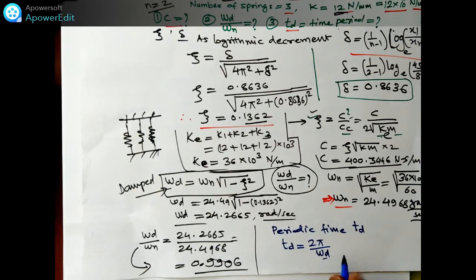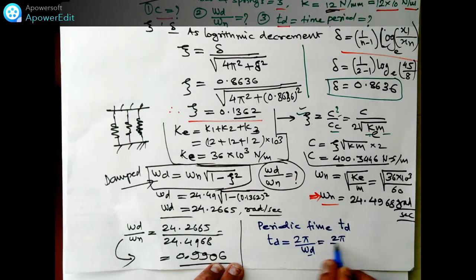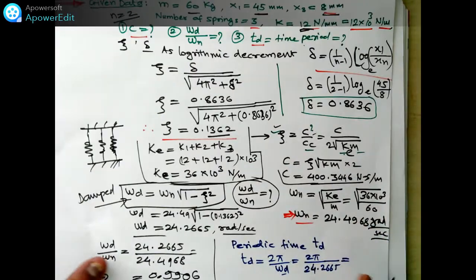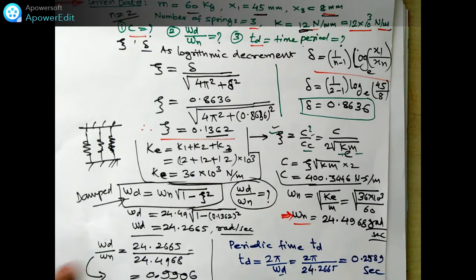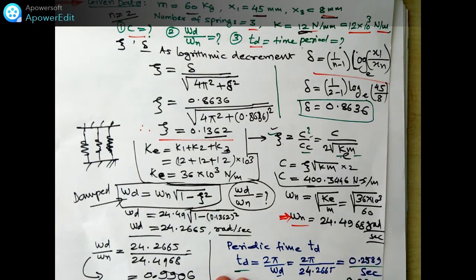We know the value of omega d, so putting this value, 2 pi upon 24.2665, we get the time period 0.2589 second. This is the value of the time period for the damped vibration.